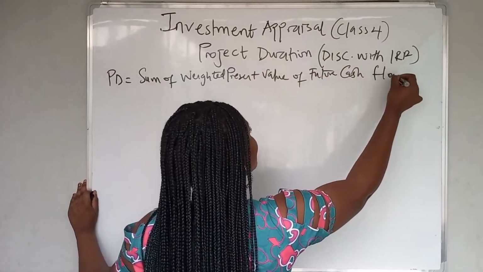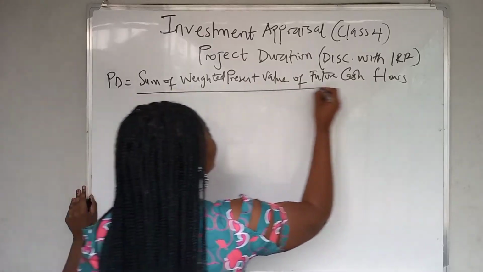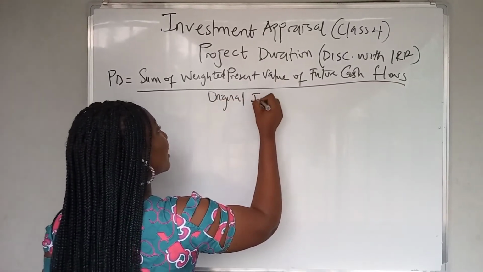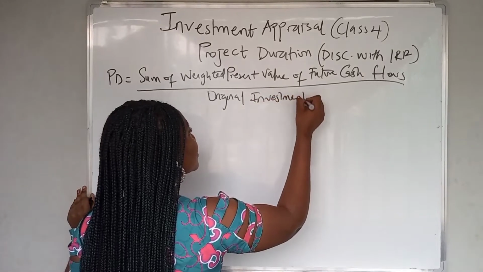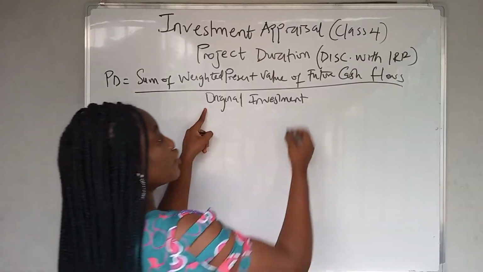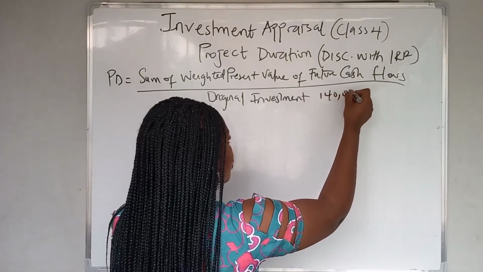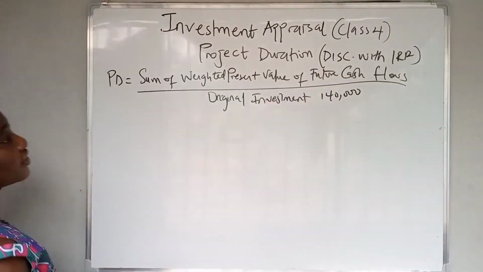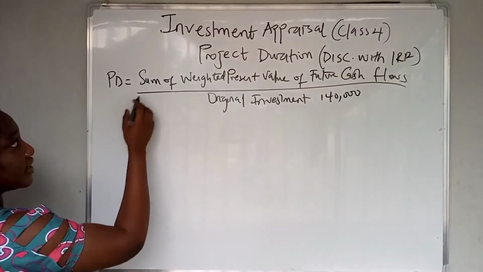You can see how long it is; that's why I summarize it. Divided by original investment. Now when you write your formula, you start asking yourself, which one do I have, which one do I not have? Original investment, you know that is 140,000. You have that. But do you have the sum of weighted present value of future cash flows? No, you don't have it, so you go and get it, right?